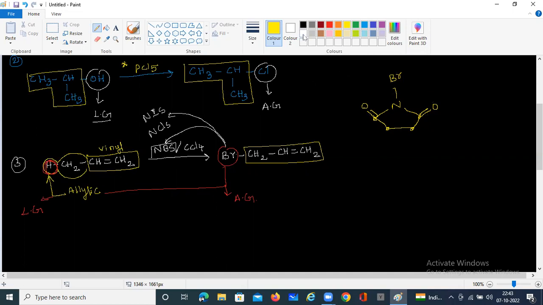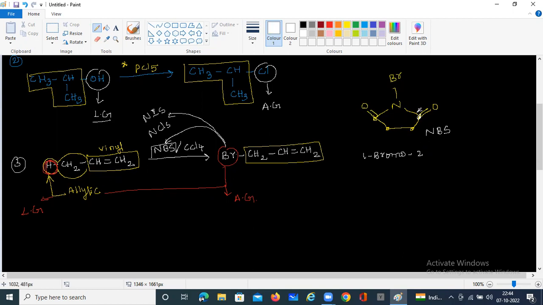So what is the name of the compound? NBS, N-bromosuccinamide. And its IUPAC name, could you guess, beta? What is the IUPAC name? Simply we can write 1-bromo, and 2,5, where 1 is the position of what would be carbon, but here we have taken nitrogen, isn't it?